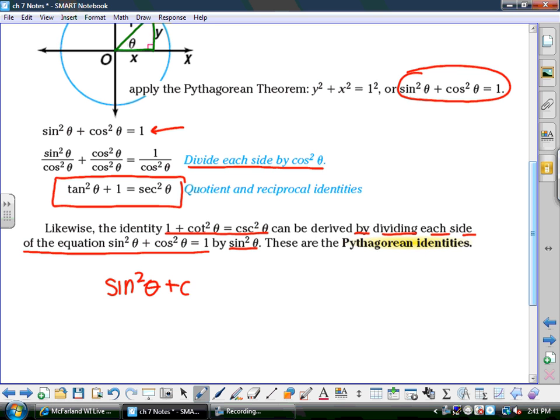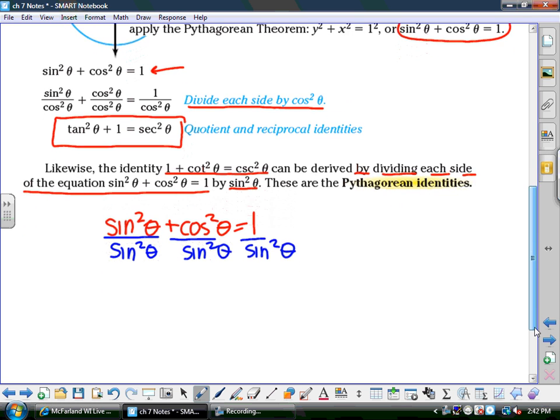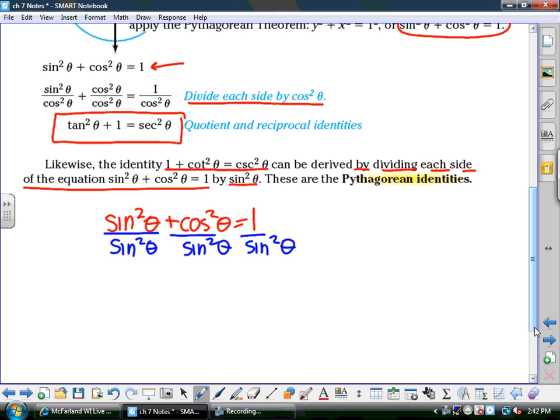If we start with sine squared plus cosine squared equals 1 and divide everything by sine squared, sine squared divided by sine squared is 1.